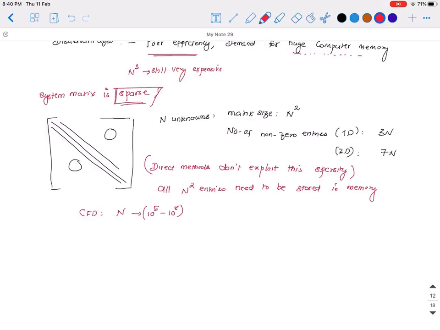It is very common to have millions of mesh points. So if we employ direct methods, then we need to store 10 to the power 10 to 10 to the power 16 values in memory.